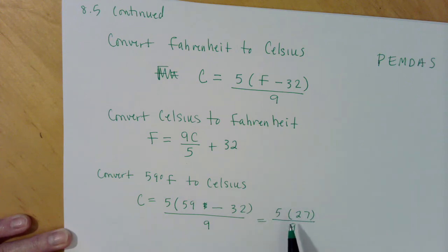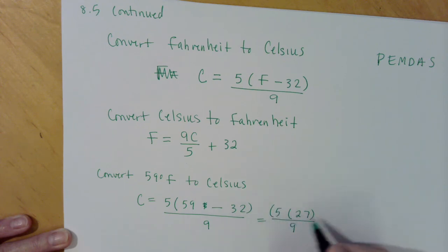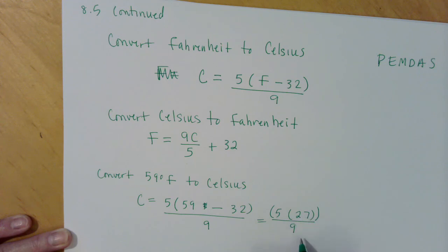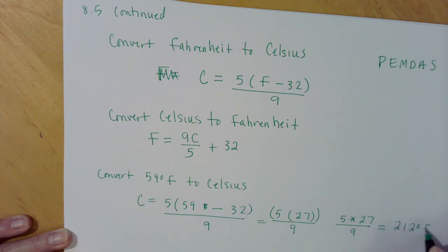Now, they don't have to write it, but remember we talked about that it's like there are invisible parentheses around the top and the bottom. So you should do the top first: 5 times 27, then divide by 9. And you should get, if you do that right, 15 degrees Celsius.